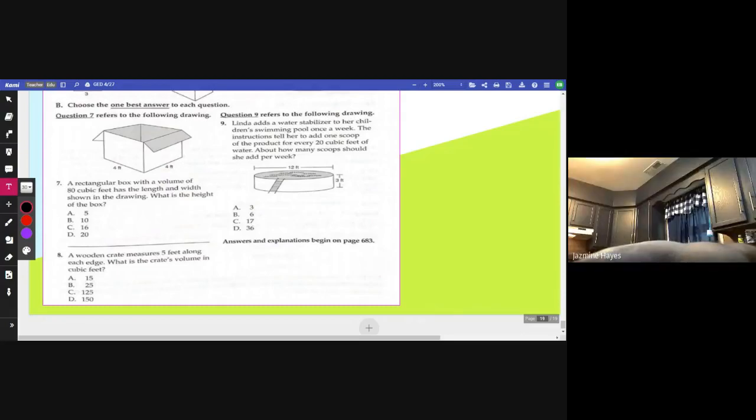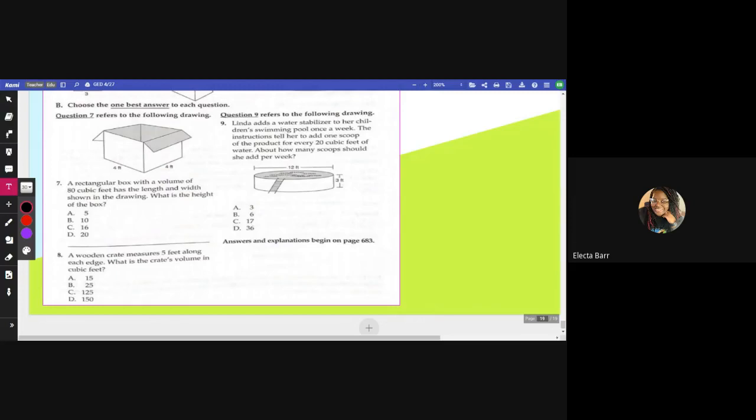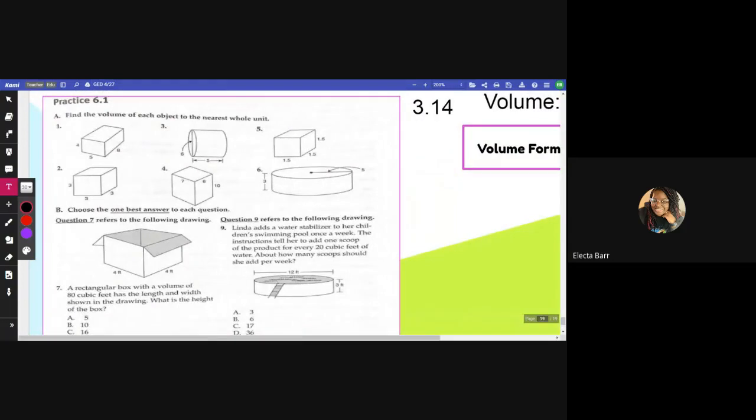Okay, we're done. Okay. All right. So for number 1, right? So all of this was volume. For number 1, let me make this a little smaller.